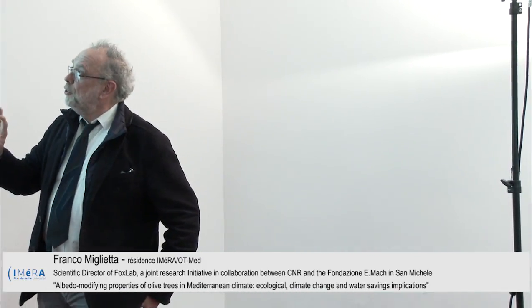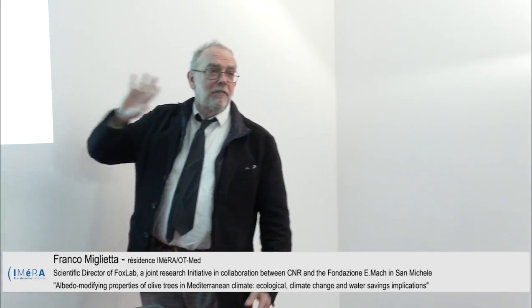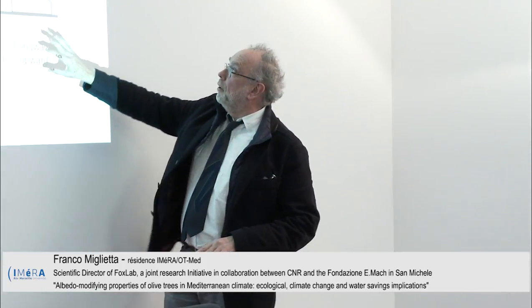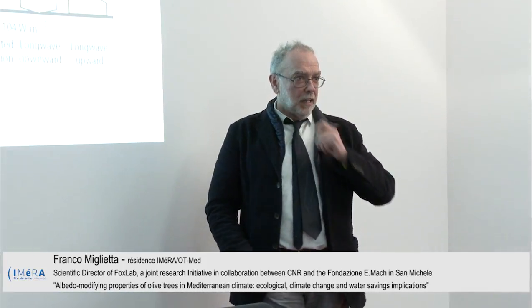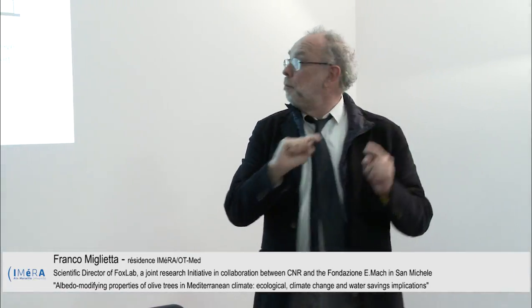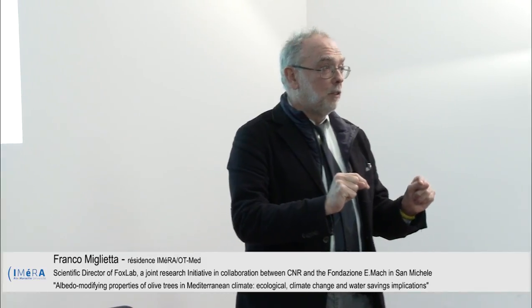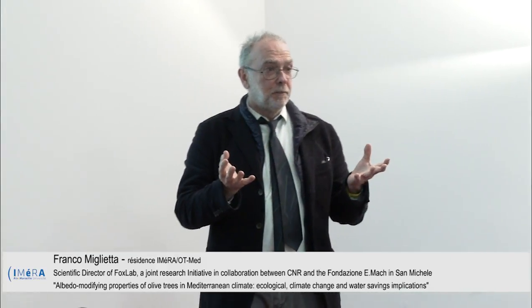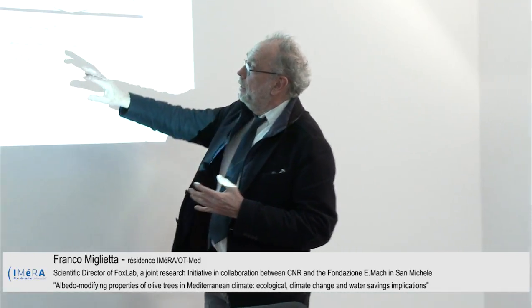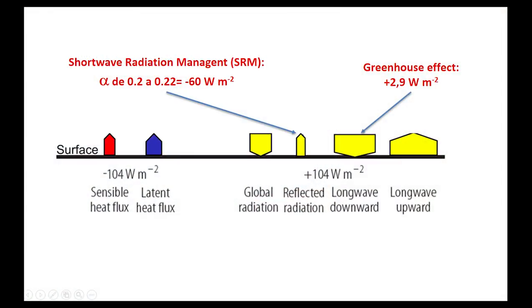To make a very long story a bit shorter, we are facing this problem. On the one hand, we have the greenhouse effect, which is adding 2.9 watts of energy per square meter onto the Earth on average. And on the other side, we have the possibility to manipulate and modify the amount of reflected radiation.